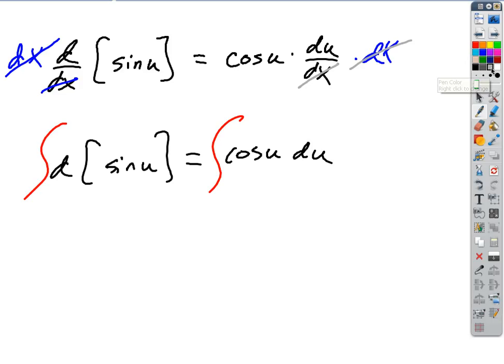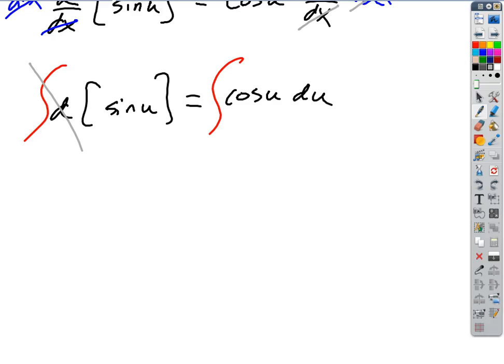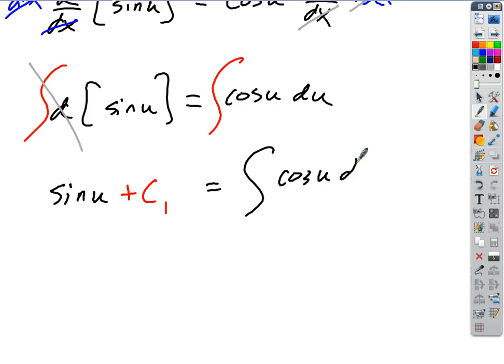Taking the antiderivative of a derivative does what? Cancels them, so those go away. And on this side I get sine u, and I've got to have a plus c there. I'm going to call it c1. On this side, I've got the antiderivative of cosine u du.